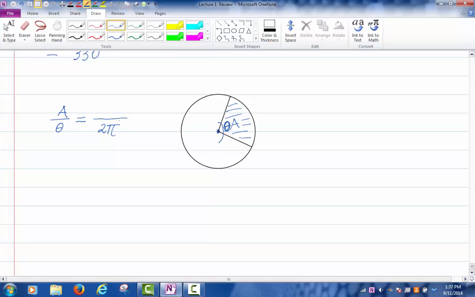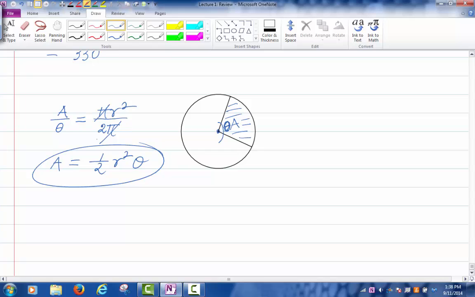Well, it's the entire sector, which is the entire circle, right? What's the area of the entire circle? Pi r squared. So the ratio of the entire sector and the angle it subtends, which is 2 pi, is the same as A over theta. And so what is A? Well, A is then half r squared theta. So that's the formula that you need to remember.